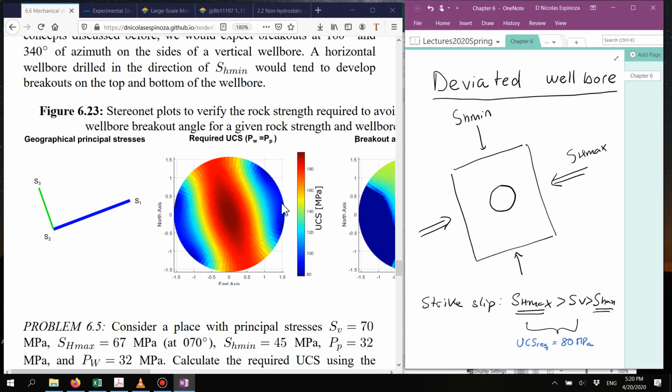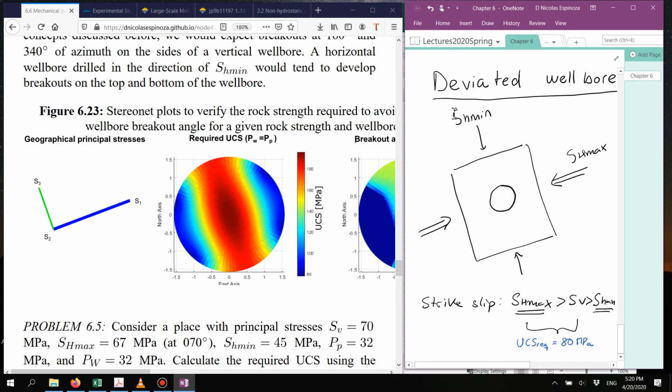And the intermediate case would be a horizontal wellbore going in the direction of the minimum principal stress. In this case, it combines vertical stress and the direction of SH max. Okay, wait a minute.